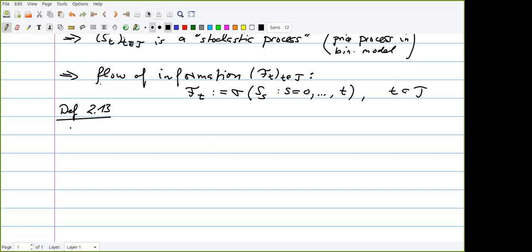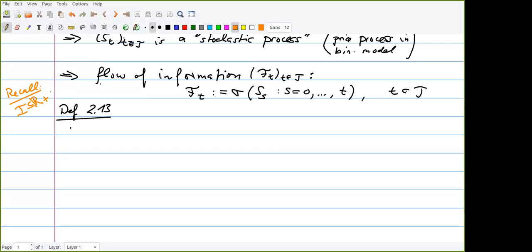So just to recall, as I already said last time, I want not only to consider our index set T, I want to consider a more general index set I, since it makes no difference for us. I need this, for example, in the course Advanced Mathematical Finance, where we talk about stochastic processes in continuous time.